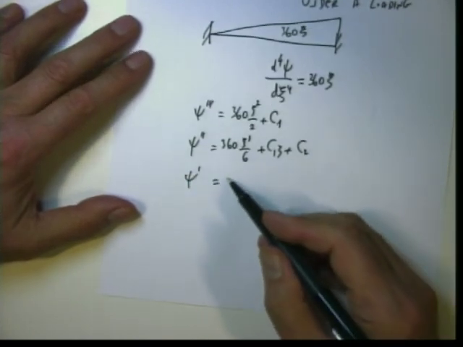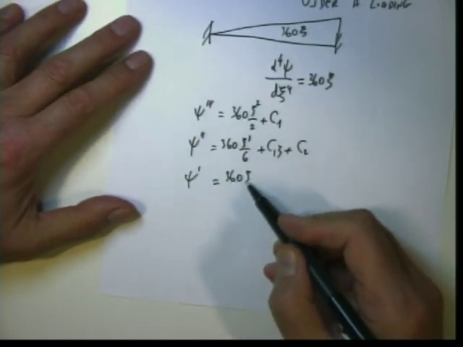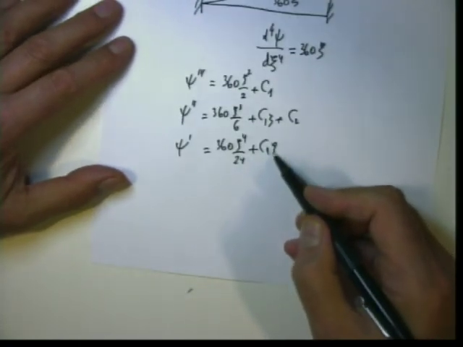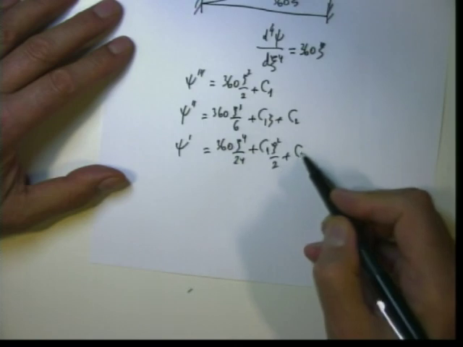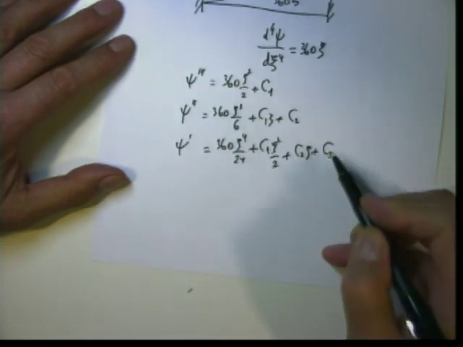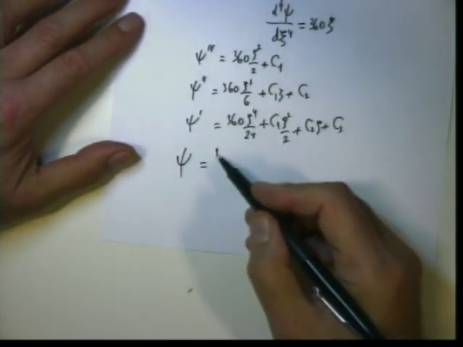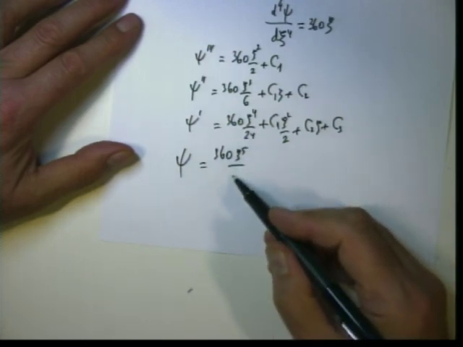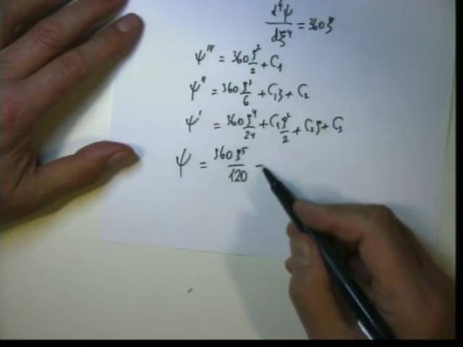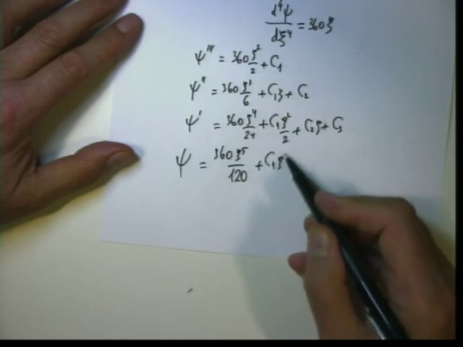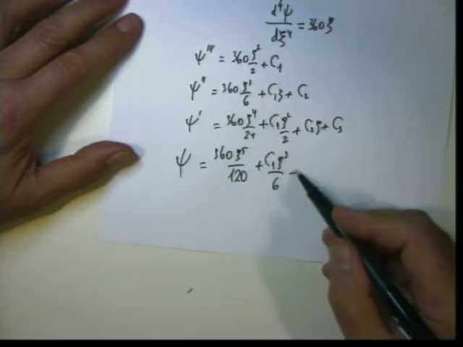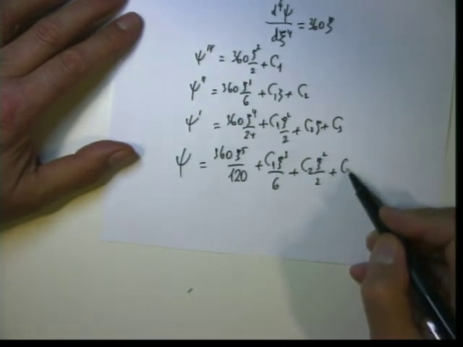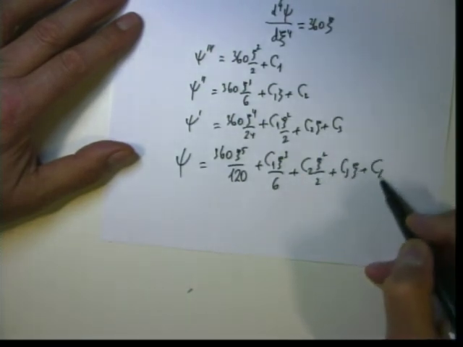Psi first derivative will be 360 psi in fourth power over 24 plus C1 psi squared over 2 plus C2 psi plus C3. And then psi equals 360 psi in fifth power divided by 120 plus C1 psi cubed over 6 plus C2 psi squared over 2 plus C3 psi plus C4.